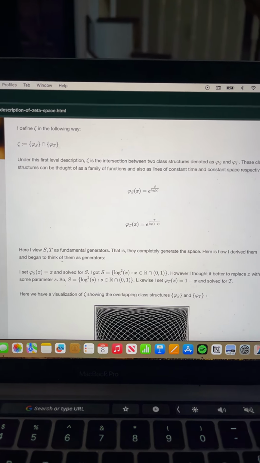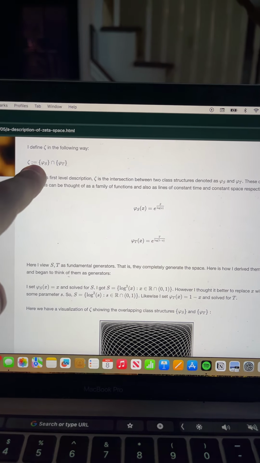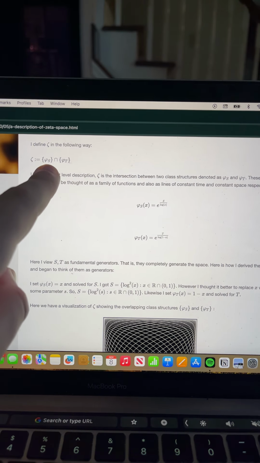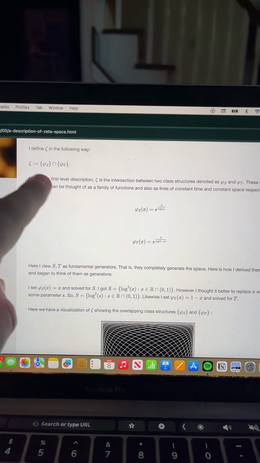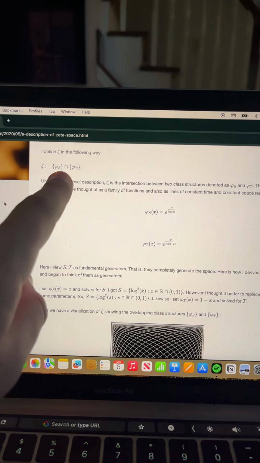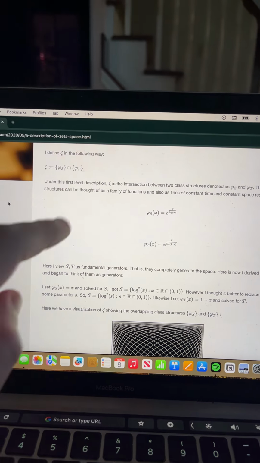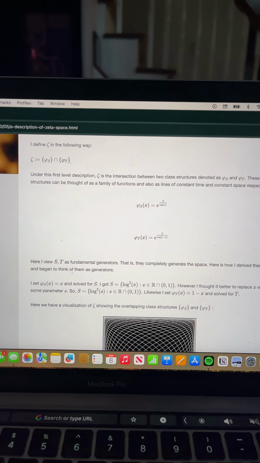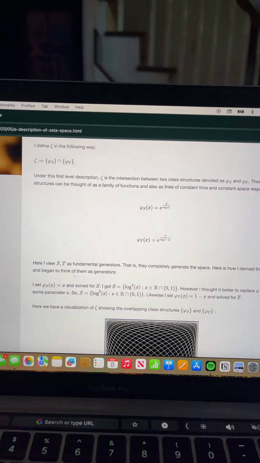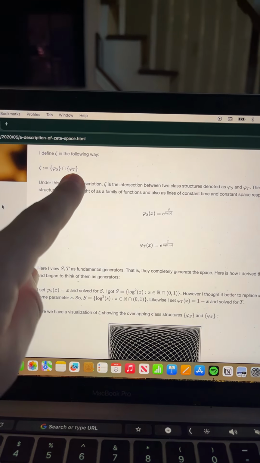5 years ago, as an intersection of these. So already you can see that this is very different from how I define it now.